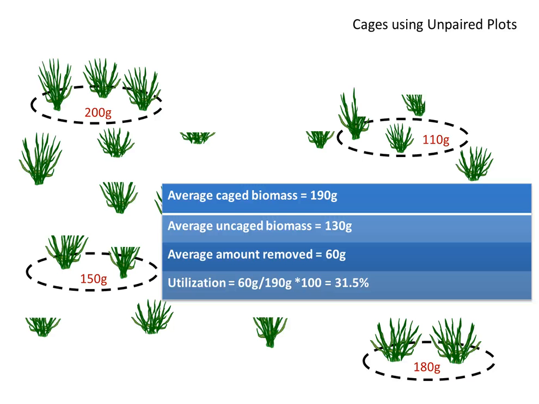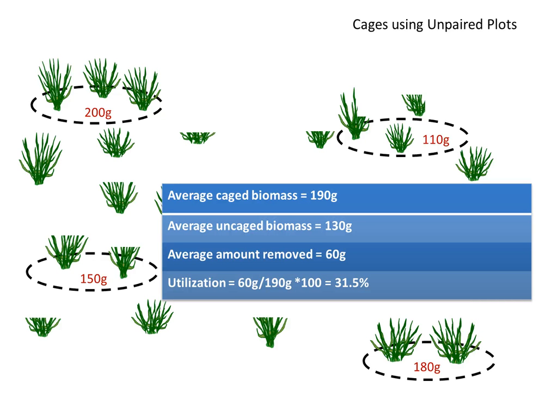In this case, the estimate of utilization is 31.5%. The advantage of pairing is that by having similarity between the members of the pair, you can estimate utilization using fewer samples.